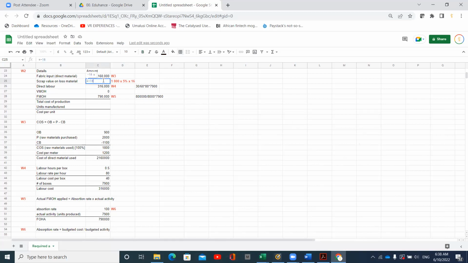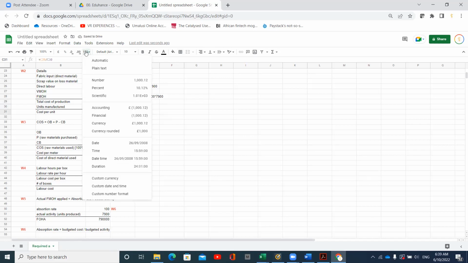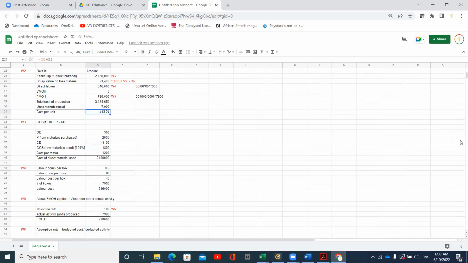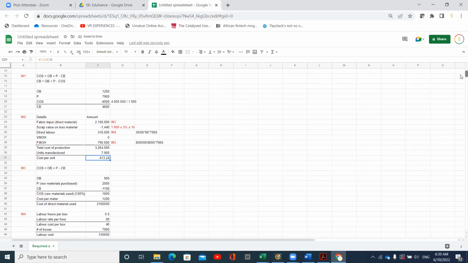So it'll be 1,800 times 5% times 16 Rand. So total costs equals the sum of these. The number of units produced was 7,900. So therefore, cost per unit is that divided by 7,900, which is 413.24.